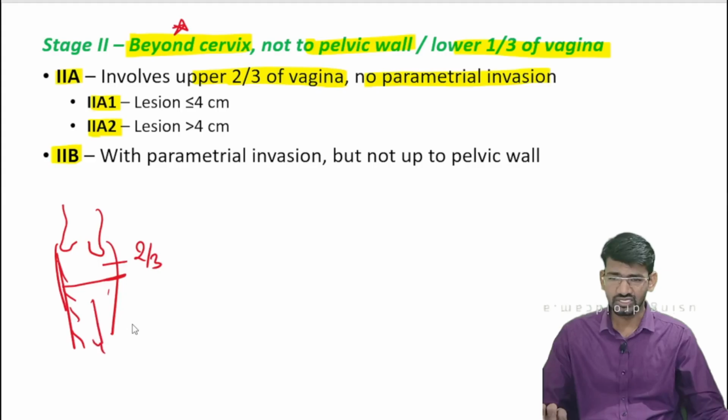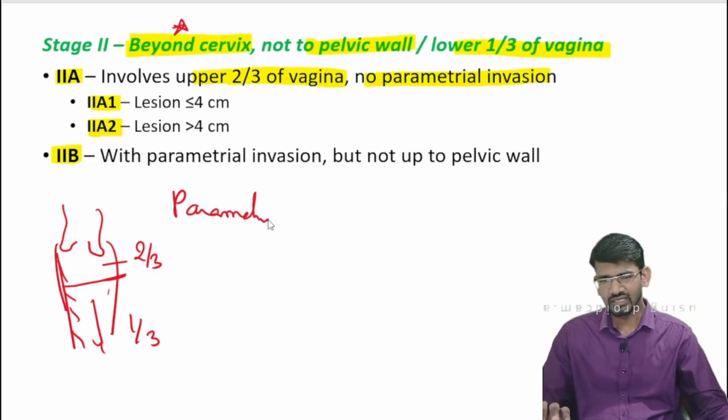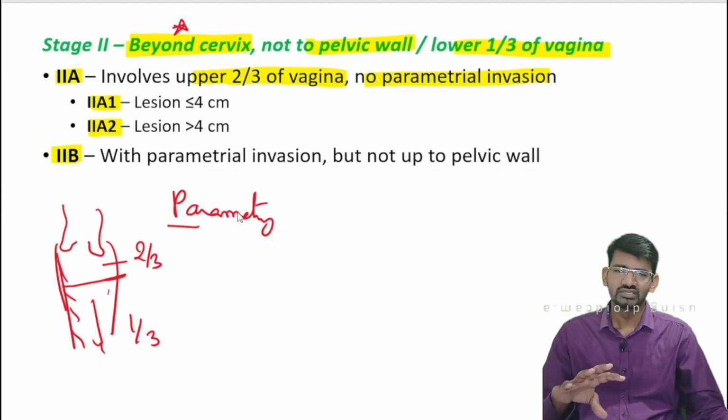This is the lower one third, and this is the upper two-third. So the upper two-third of the vagina is involved, and there is no parametrial invasion. What is parametrium? Para stands for surrounding, metrium stands for the layers. It means the layers which surround the uterus or the cervix are involved.